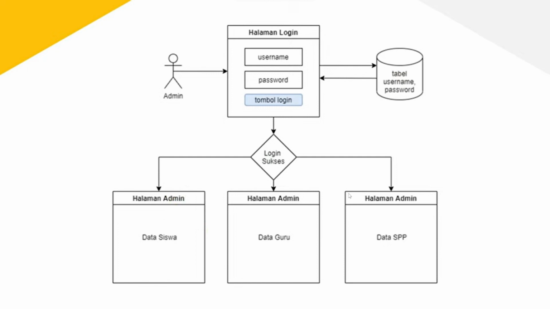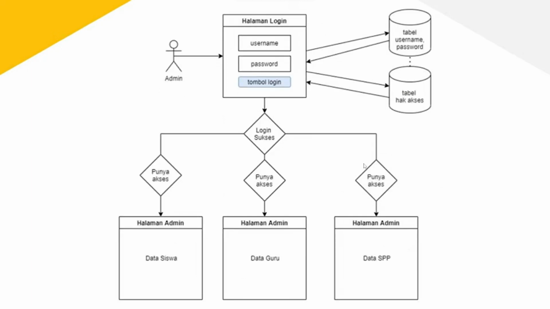What if we make it so that each admin can only open the page that is intended for them? One of the ways is to create an access right database table.